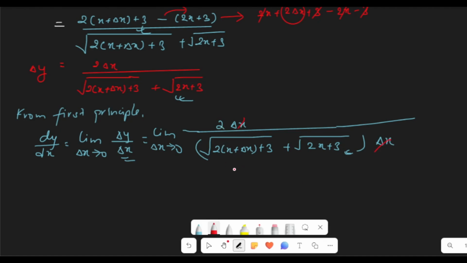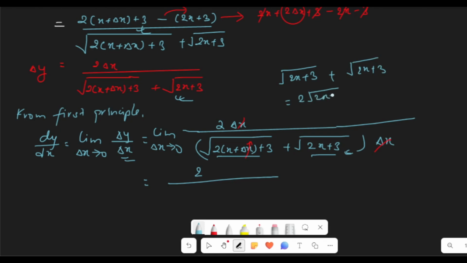Now we simply put 0 in place of del x. That means it will be 2 divided by root 2x plus 3 plus root 2x plus 3, which is equal to 2 root 2x plus 3. So on the denominator we have 2 root 2x plus 3, and this 2 will cancel.